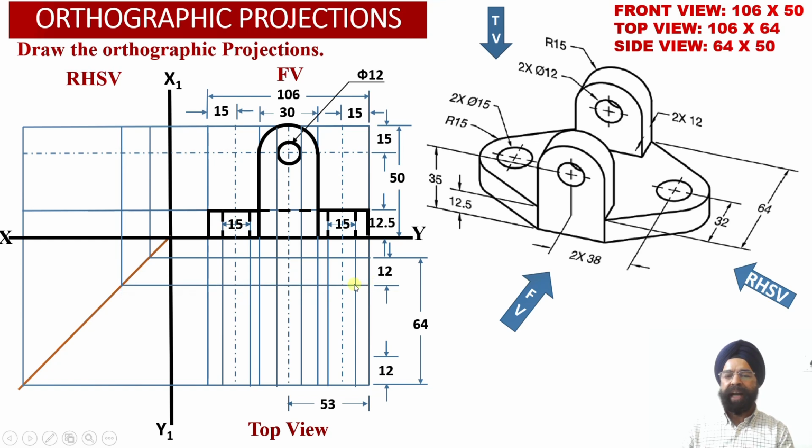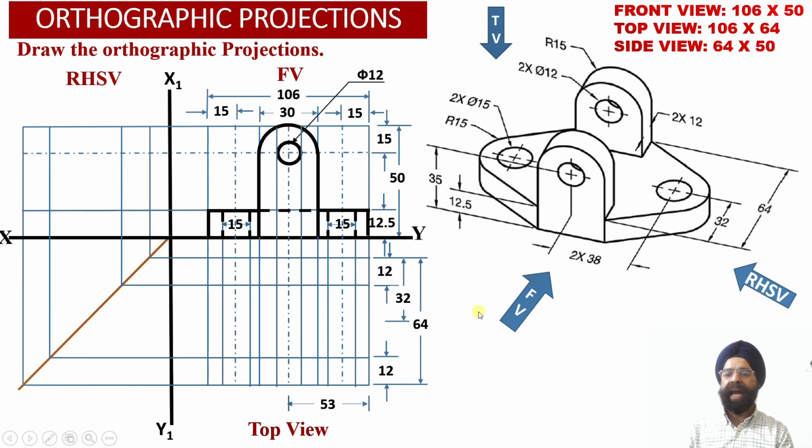Now we have marked two horizontal projector lines over here, one on the rear side and one on the front side, corresponding to this depth of the web of element number 3 and element number 2. And these two horizontal projector lines have been appropriately transferred into the right hand side view projections using this transfer line over here.